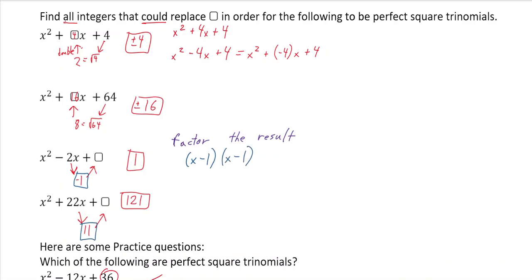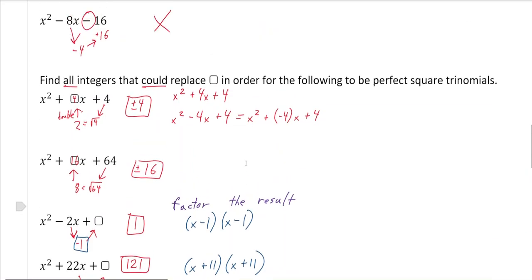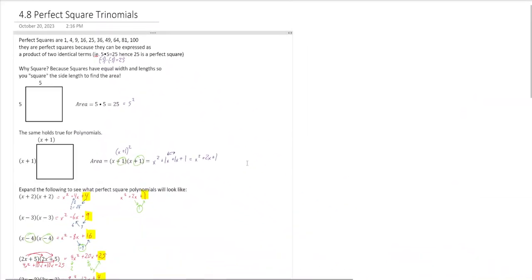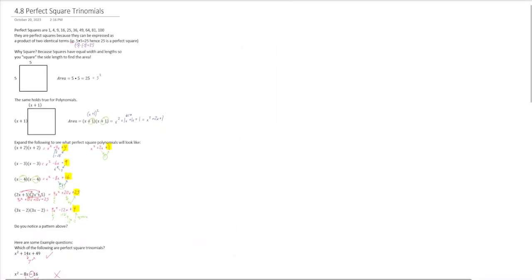Here we have 11, so it is x plus 11, x plus 11. So if you're factoring these, you might now be able to factor them much faster than using regular PSA, because you can just see that it's right away a perfect square trinomial. I hope this video helps you better understand these perfect square trinomials, and good luck.